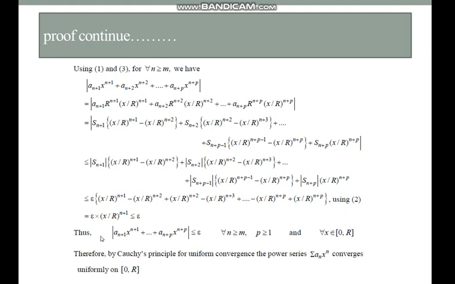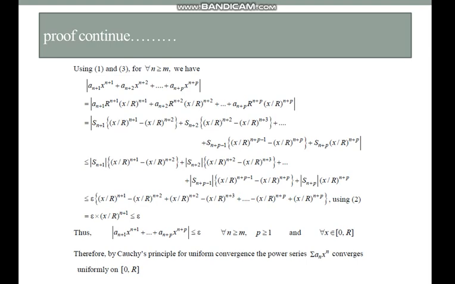So we get that the modulus of a_{n+1} x^{n+1} + ... + a_{n+p} x^{n+p} is less than or equal to epsilon. Thus the modulus of this value is less than or equal to epsilon for all n greater than or equal to M, and p greater than or equal to 1.